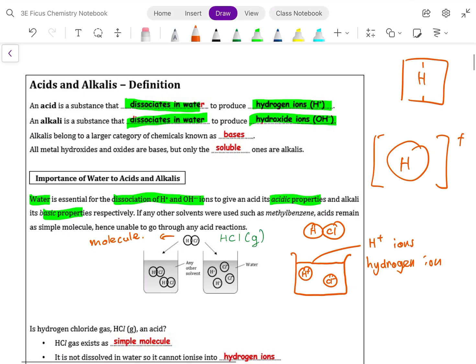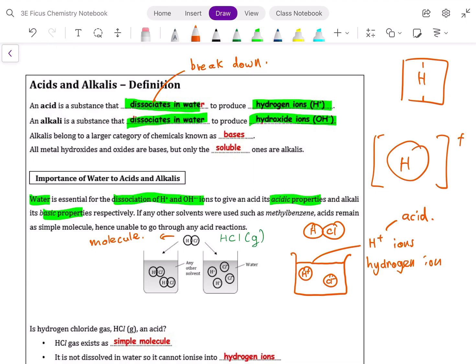Only when you have these H+ ions can I call it an acid. Without these H+ ions, it's actually not an acid. And water is required for it to dissociate. Dissociate means, if you put it in a very layman way, please don't write this in your exam, breaking down into the ions.